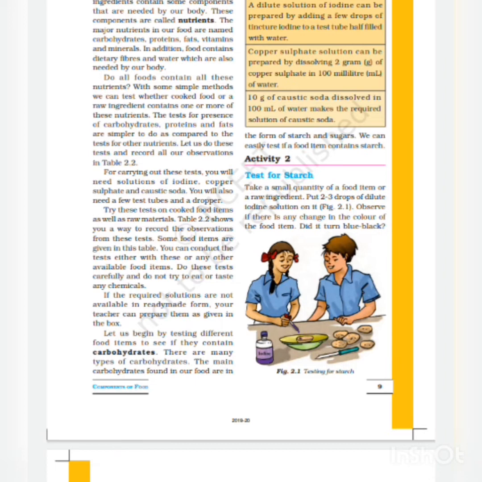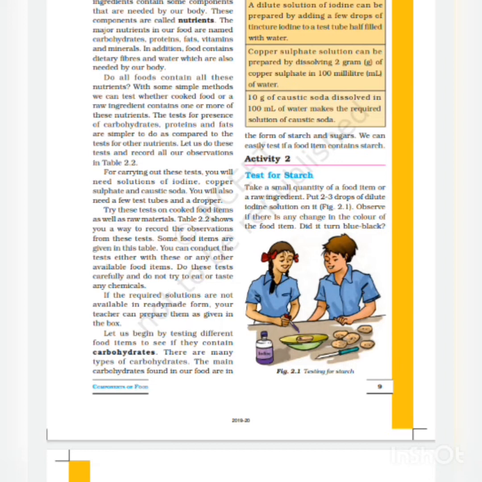So for carbohydrate, the main carbohydrates found in our food are in the form of starch and sugar. So in the form of starch and sugar, every food contains carbohydrate. If that food contains starch, it contains carbohydrate. So how will we check that?